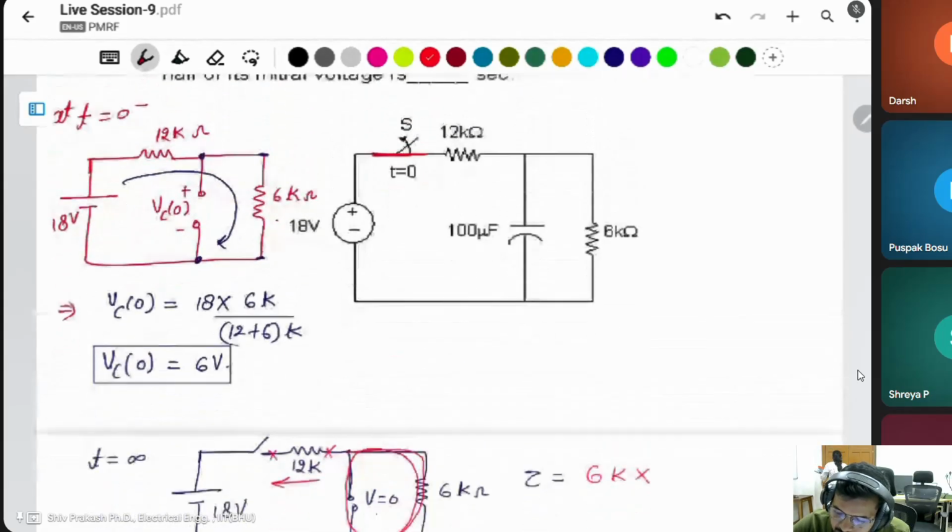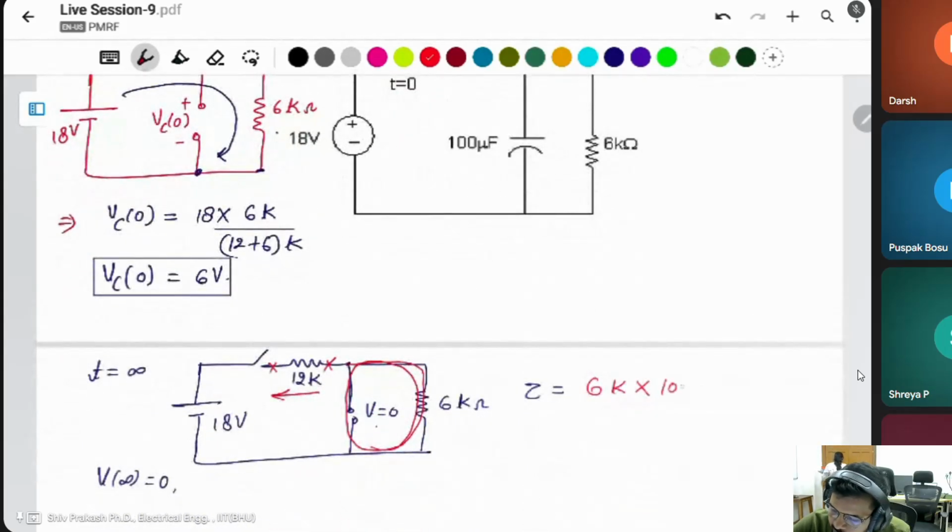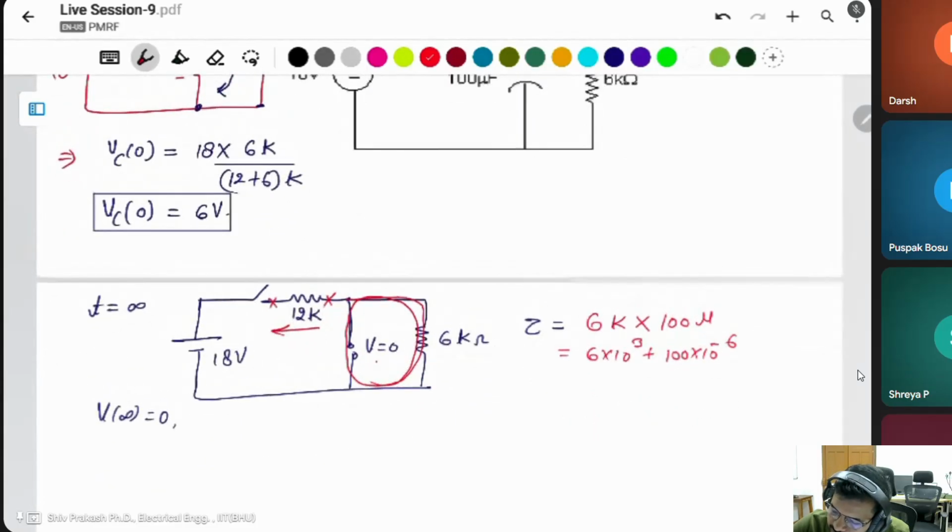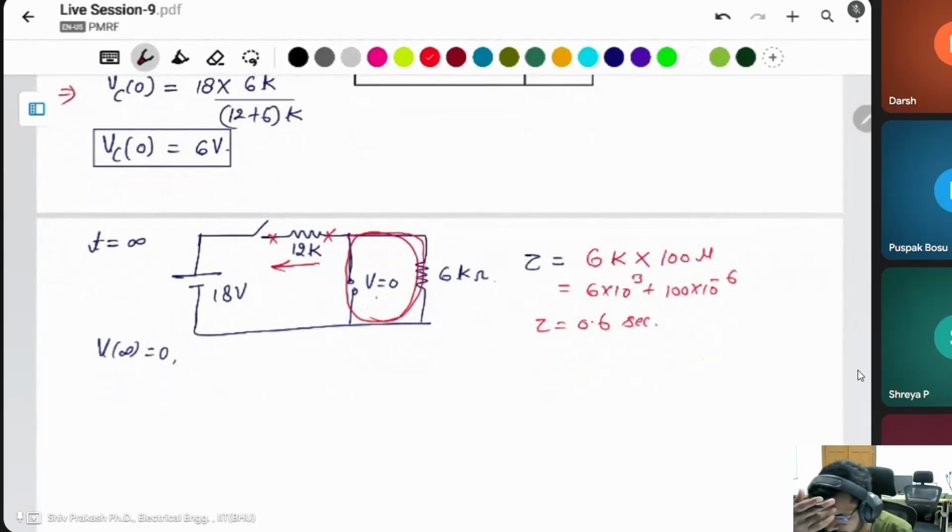C is 100 microfarad. You can say 6 into 10 to power of 3 times 100 into 10 to power of minus 6, 0.6 second.